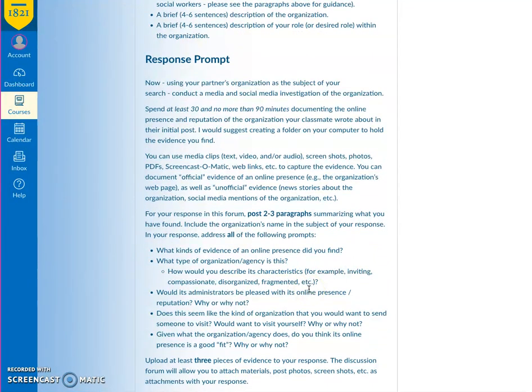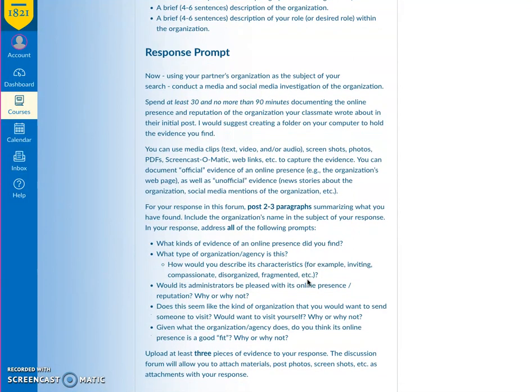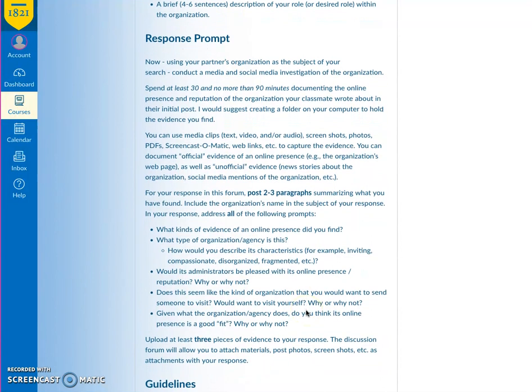So what kind of evidence did you find? Document this evidence using screenshots or photos, and then upload a couple of these, 3 of these evidences. Talk about what type of organization or agency it is, what kind of an online presence it has, and whether that suits with what it is expected to do, as well as look at whether this is a kind of organization that you would send someone to visit.